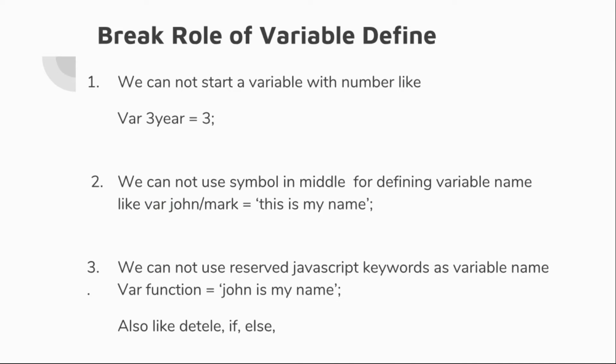It is a wrong method to define a variable. You also cannot use any predefined keywords of JavaScript as a variable name, like function, delete, if else. All these are predefined names of JavaScript. So you cannot use any predefined keyword of JavaScript as a variable name.